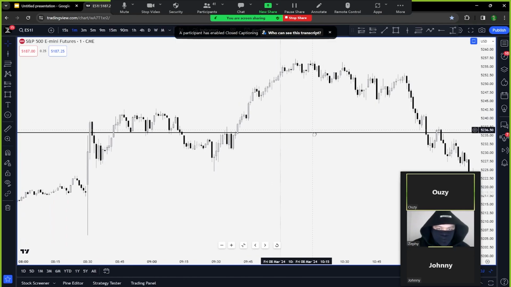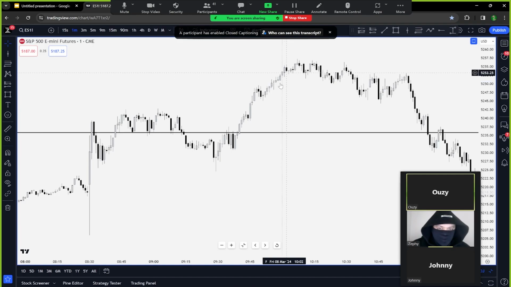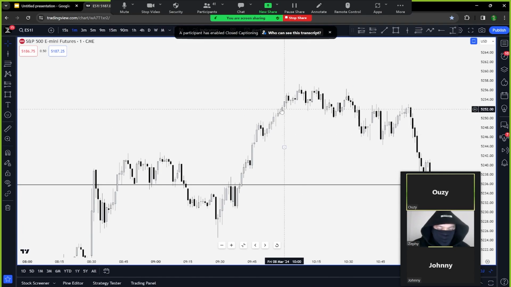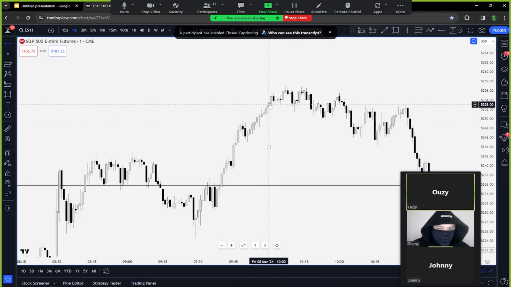Not only is the hourly opening, you have 1 hour, 4 hour, and 8 hour opening as well. And if you know about 90-minute cycles, you have new 90-minute cycles opening in here as well.